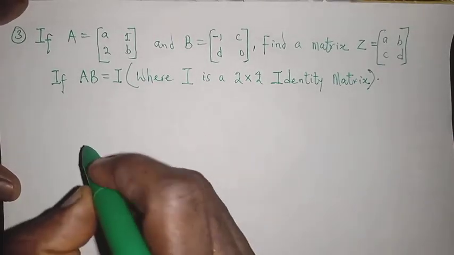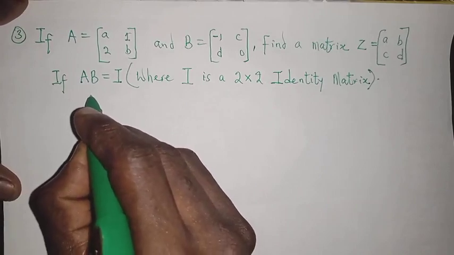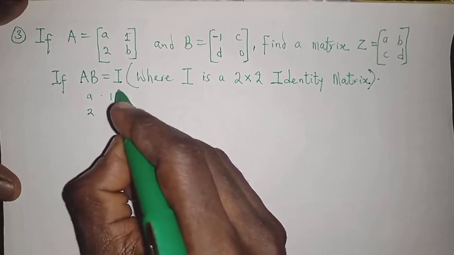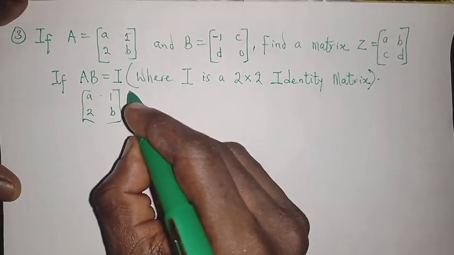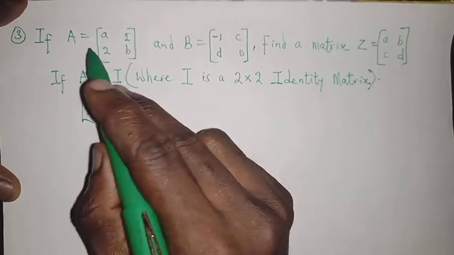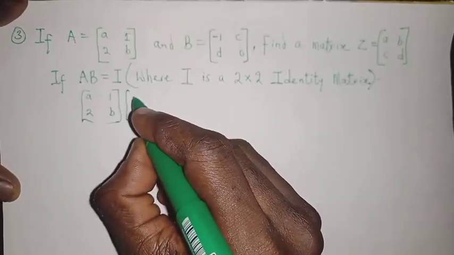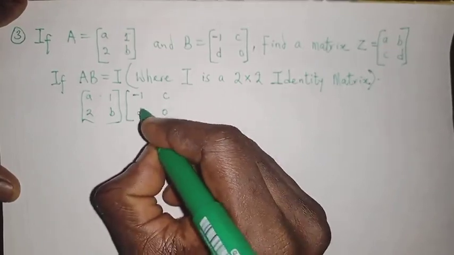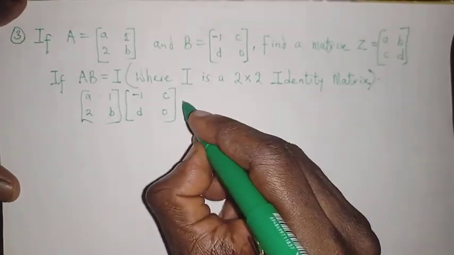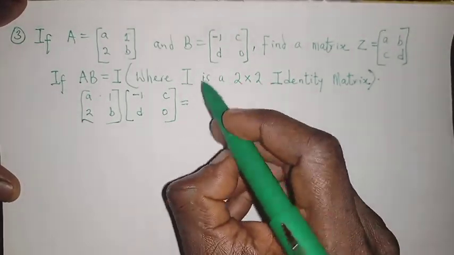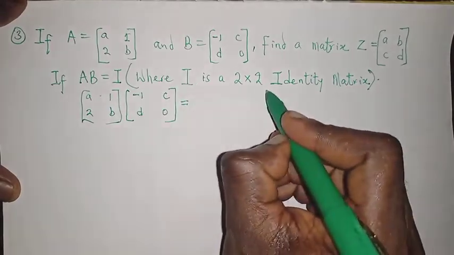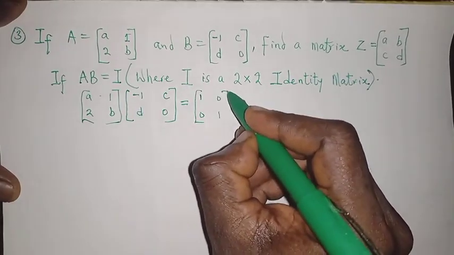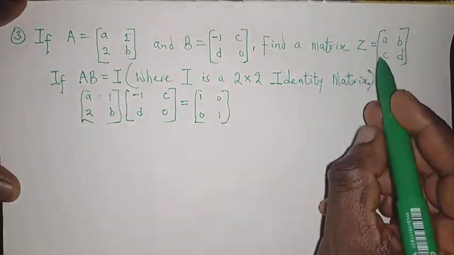Remember, if AB equals a unit matrix, so I'm going to write matrix A. I have A, 1, 2, B. So we're saying that when matrix A, capital A, is multiplied by capital B matrix, so capital B matrix is minus 1, C, 0, D. We're saying that when they are both multiplied against each other, it gives us I, and I is a 2 by 2 unit matrix. So this is how a unit matrix looks like. Now they're telling us to find a matrix Z.